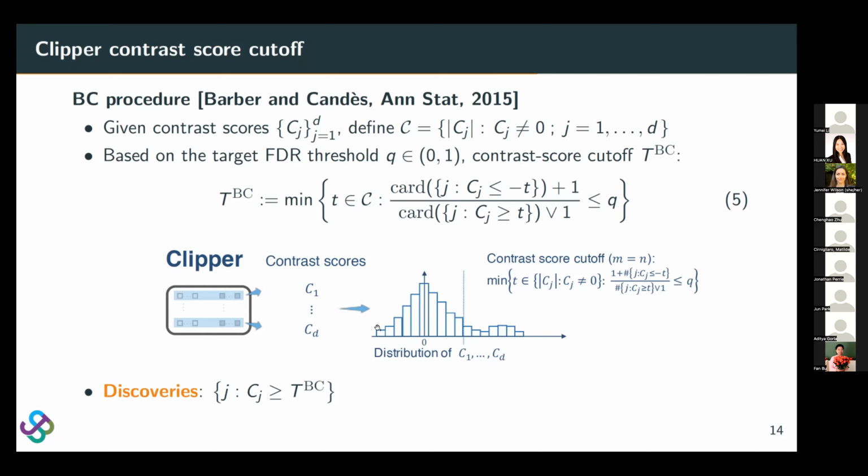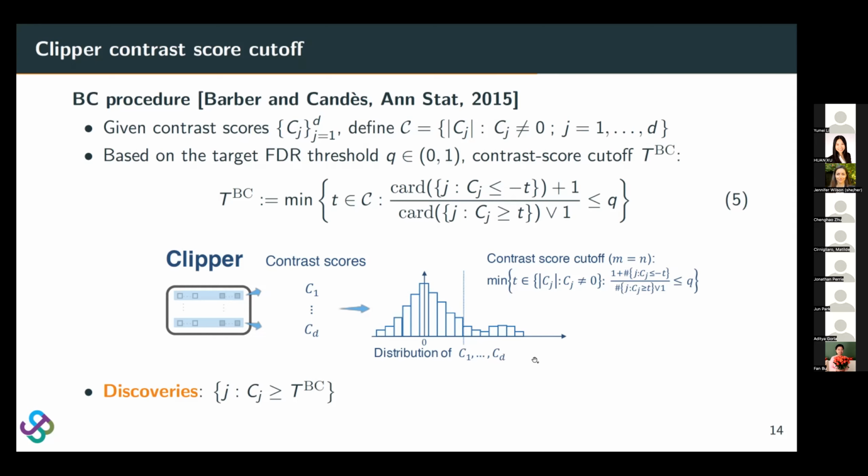So the majority of the contrast scores should be symmetric around 0. For those interesting features, as in enrichment analysis, the interesting features are those that have higher measurements in the experimental condition compared to the background condition. Those interesting features should have higher values of contrast scores so that they will form this heavy tail.